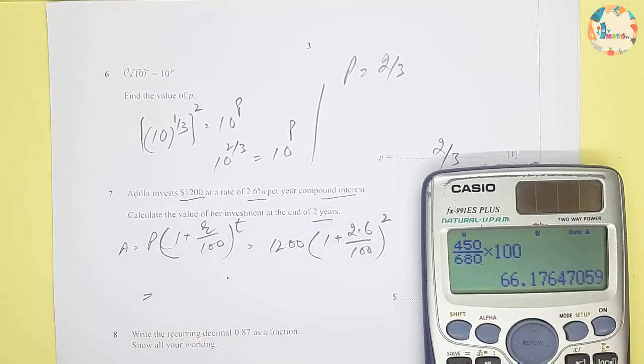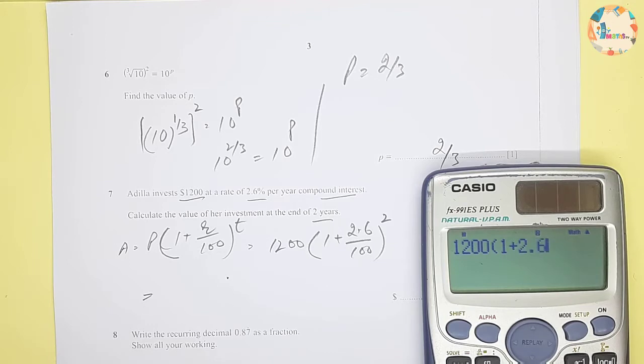And this value we can calculate: 1200 and bracket 1 plus 2.6 over 100 and bracket close raised to the power 2.